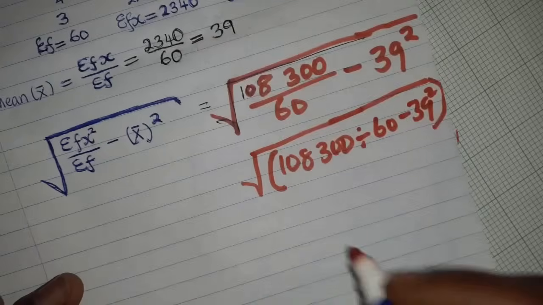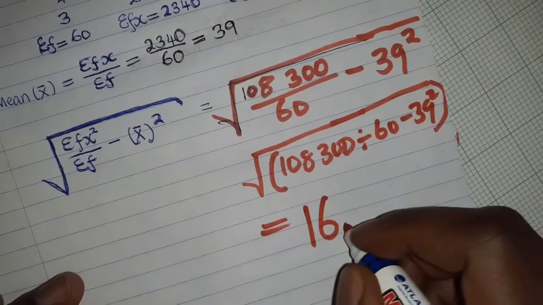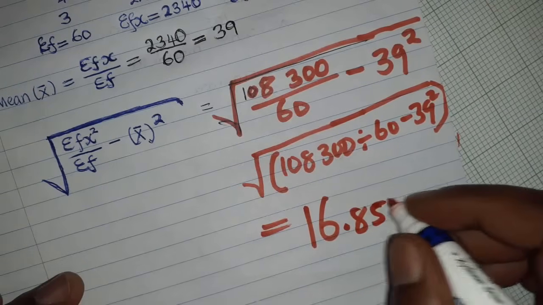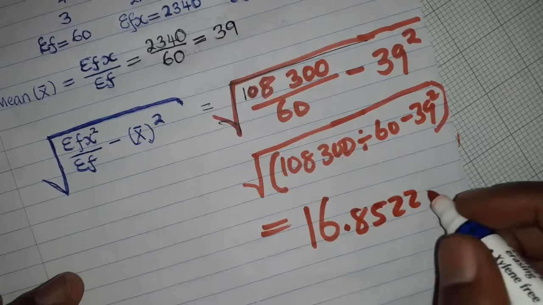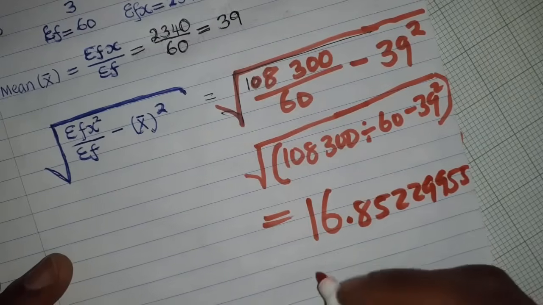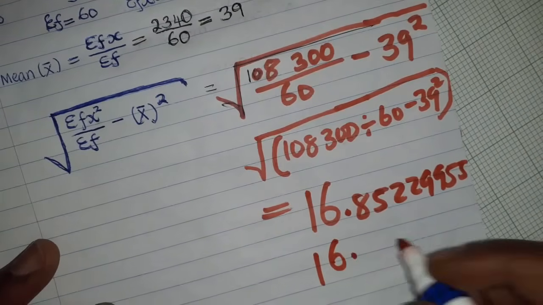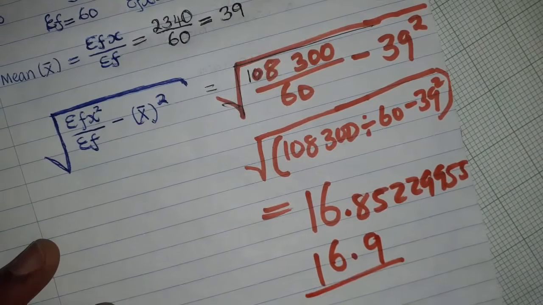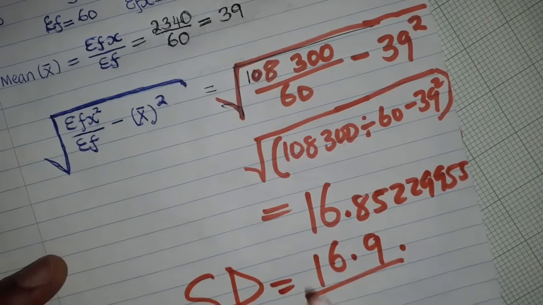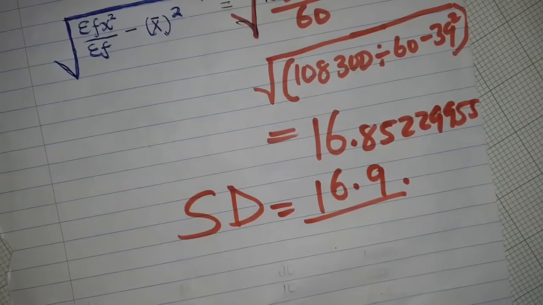You are going to get 16.8052299.5 So the answer is going to be 0.9. This is what is going to be our standard deviation. All right. I hope we are following. Okay.